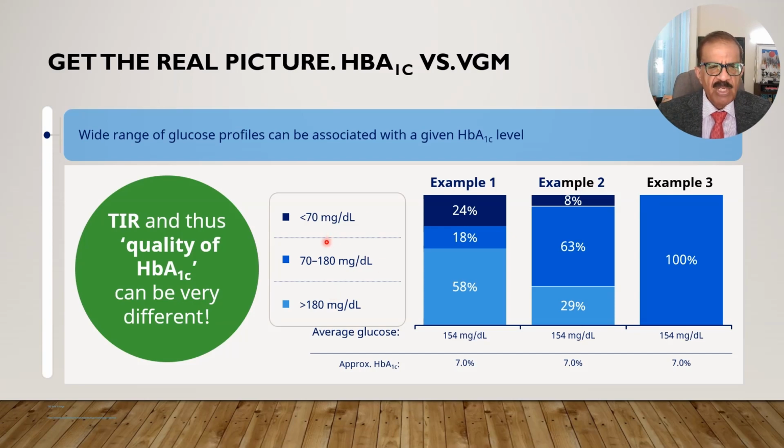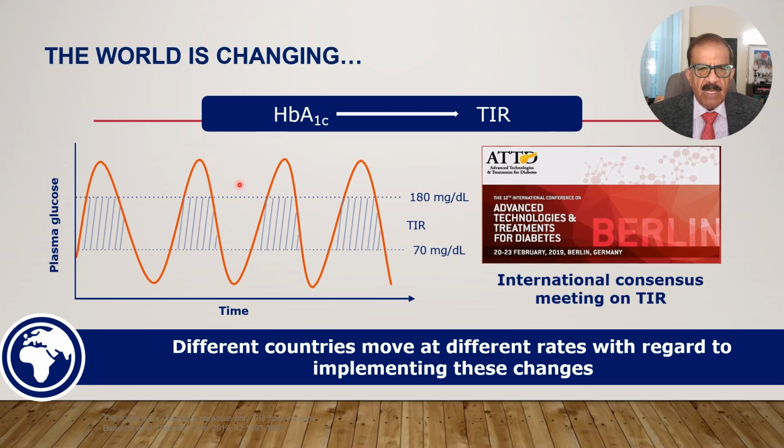Time in range is 70 to 180, time above range is above 180, and time below range is below 70. So this is how this graph is developed. In a normal person, this is how our glucose changes. Of course, it doesn't stay at one level. After a meal, glucose rises, but only up to a certain level. So this is the glucose rise and glucose drop, and then a rise.